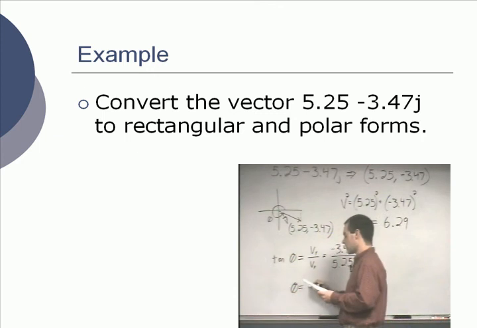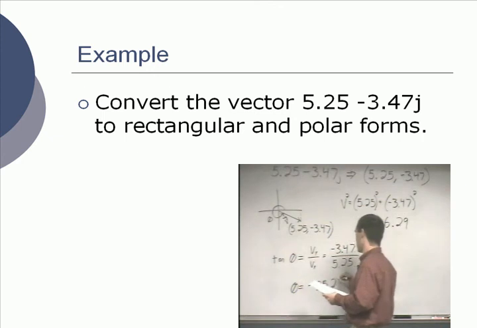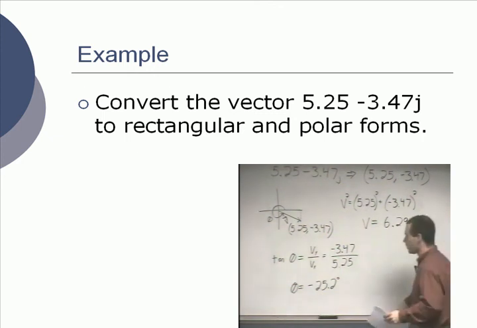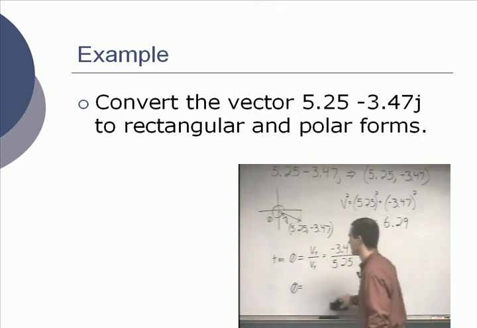Probably your calculator says that it's negative 25.2. Oh, I used 2.27 again. Yeah, my angle's going to be wrong too. Good. What does it tell you for this angle?